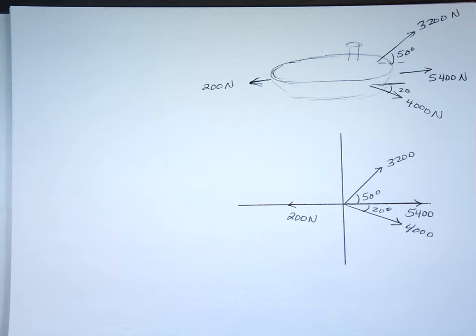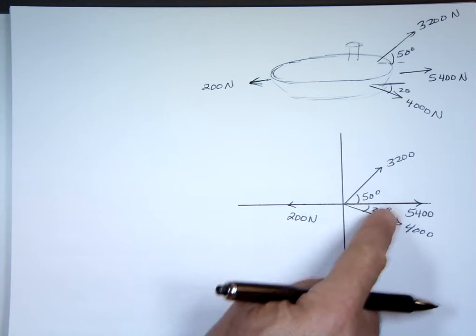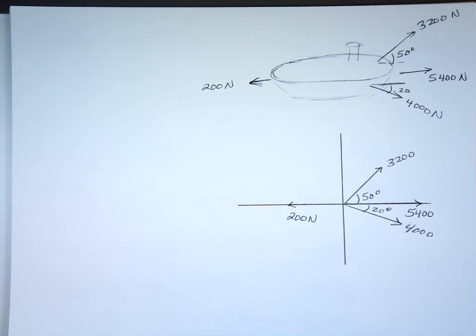What's the net force? Can we find what that net force is? I'm going to take these 4 vectors, add them, and see what the net result is.